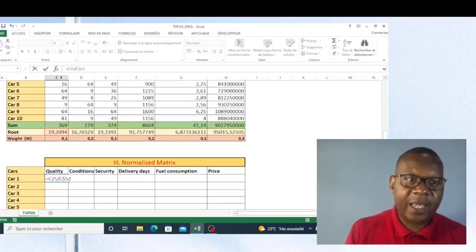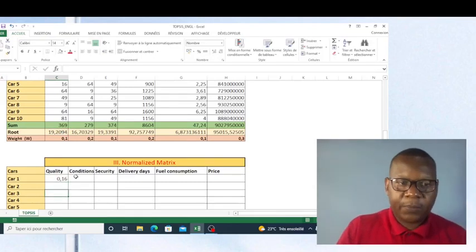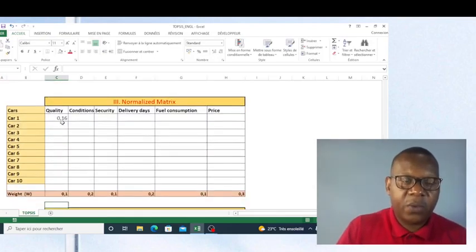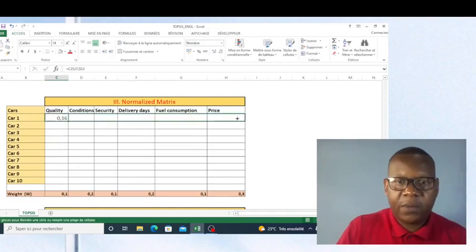So I take the value of the decision matrix and divide it by the square root for this criterion, and then I copy this formula throughout.